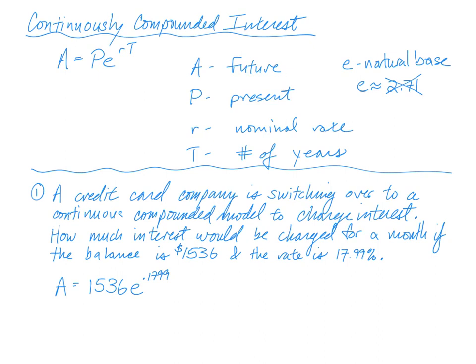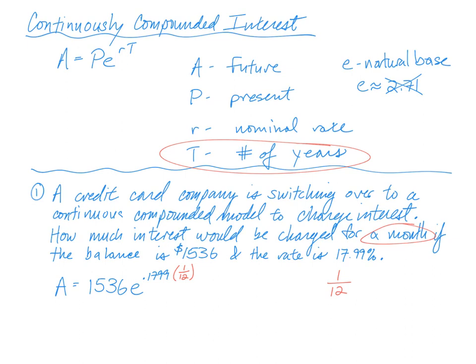And the time here should be in years. And we're given 1 month. So the time here would be 1/12 of a year. Remember, it's how many months there were divided by how many months there were in a year. Remember converting times over into years.